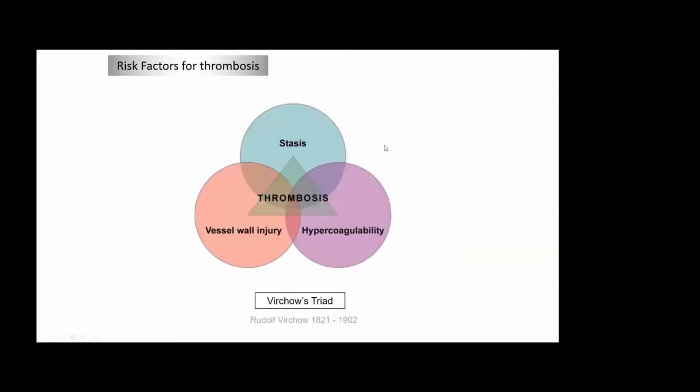So this is a triad. In the center is thrombosis, and these three elements were proposed and described by Rudolf Virchow, who did it in about 1860-something, so about 160 years ago. And they include vessel wall injury, the stasis of flow, and the hypercoagulability of either the person or the circumstance.